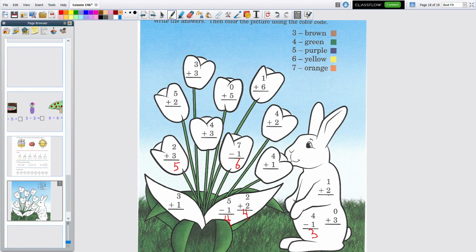So now we get to do something fun. I'm just going to do the parts where we have got numbers. See, this has got a number there. So we've got a 5, right, that we wrote. The number that you wrote, not the number that's here or here, the one that you wrote. We'll go up here, find 5, and what color is that going to be? Purple.